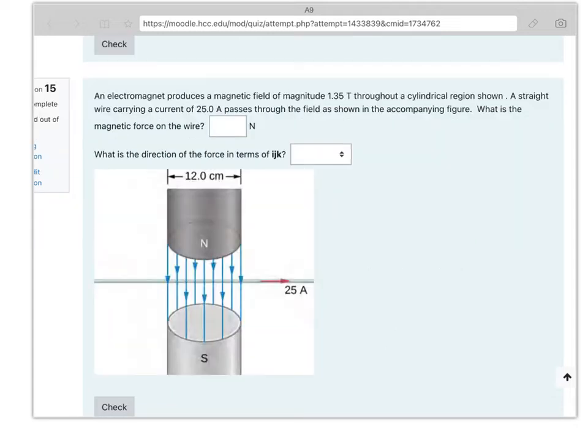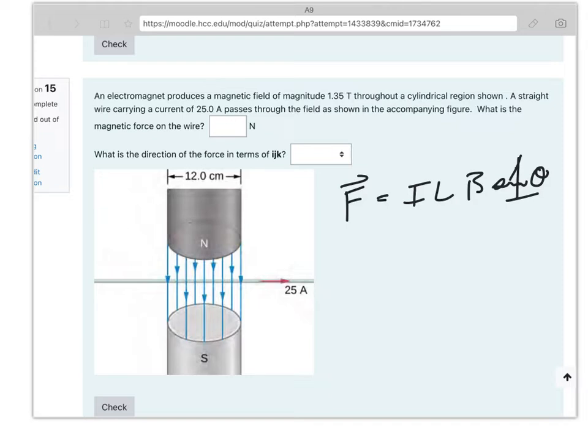So 15 should be straightforward, right? The force equals IL cross B, or ILB sine theta. You can see that the wire is along x and the field is down along y, so theta is 90 degrees.